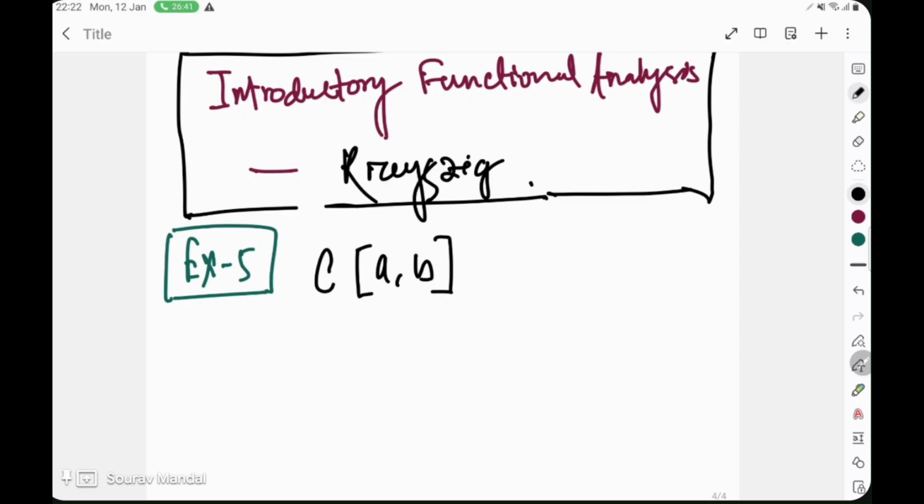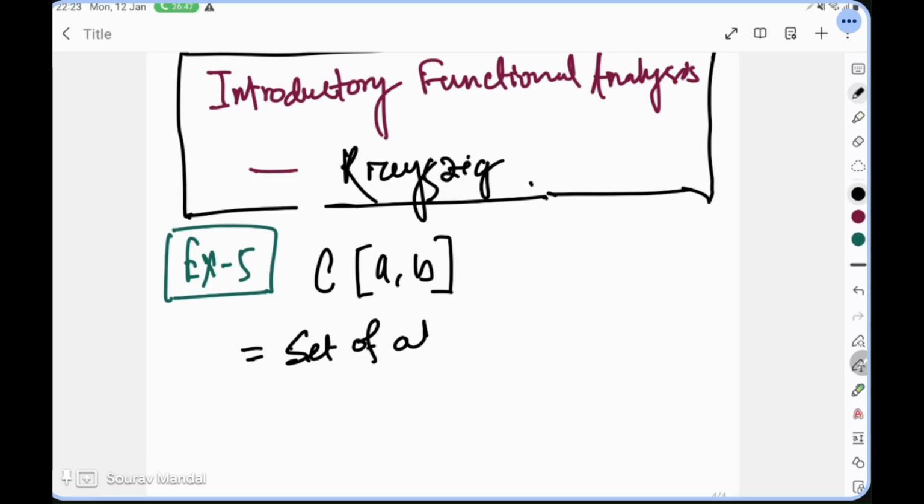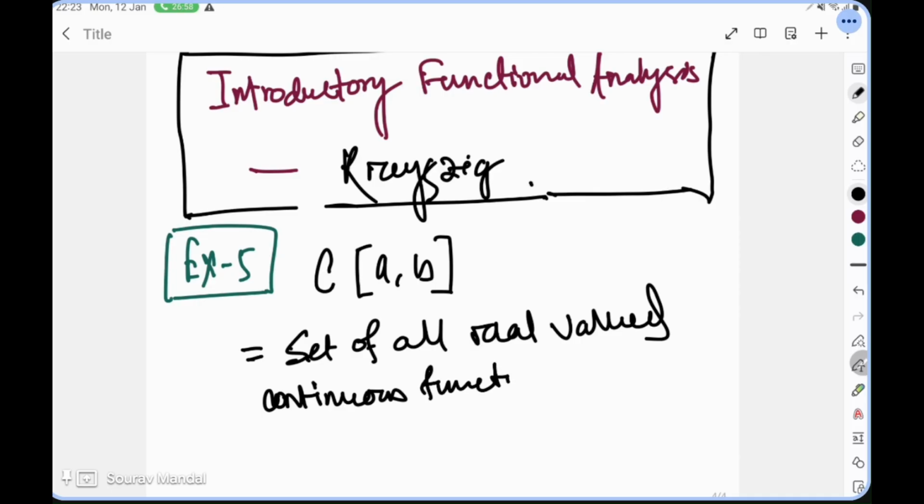Okay, so this is the set of all real valued continuous functions defined over [a,b].